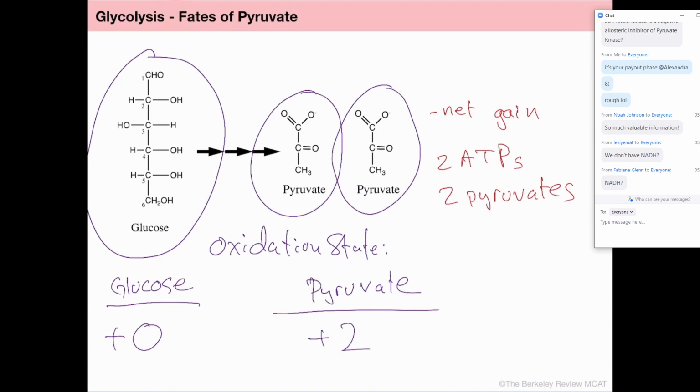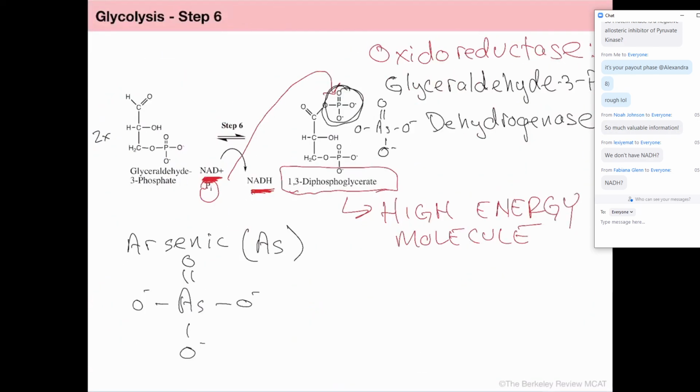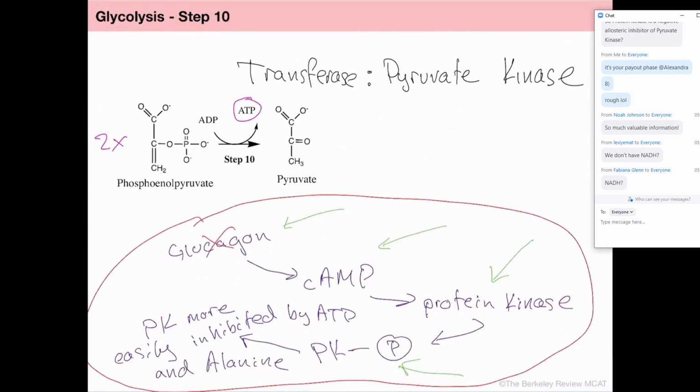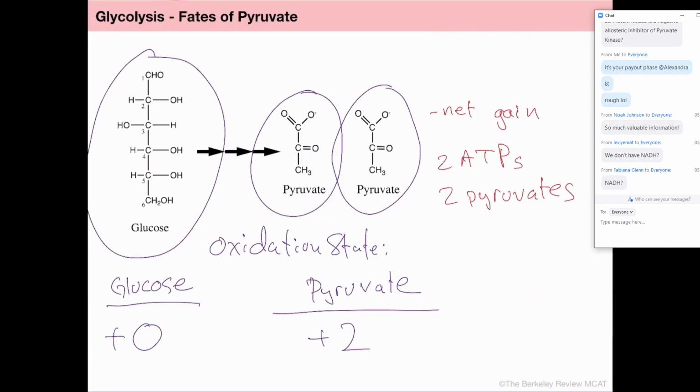And so what that means is our molecules are out of whack. What we've done is we've generated too much NADH. Our balance is off. And so depending on what your organism is, whether it's anaerobic or aerobic, pyruvate's going to have several different fates.